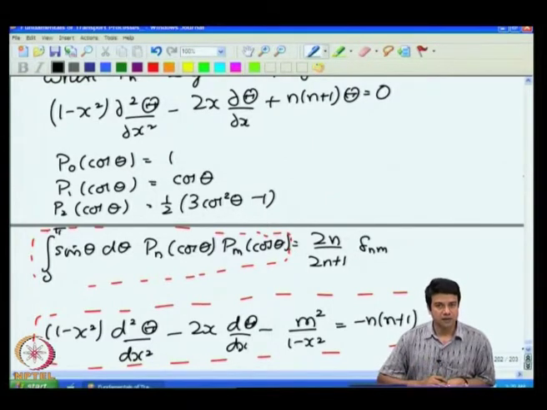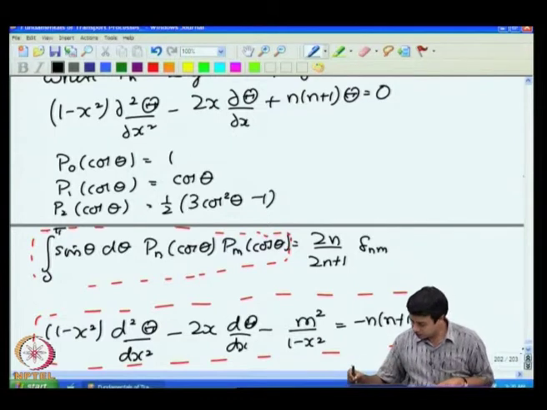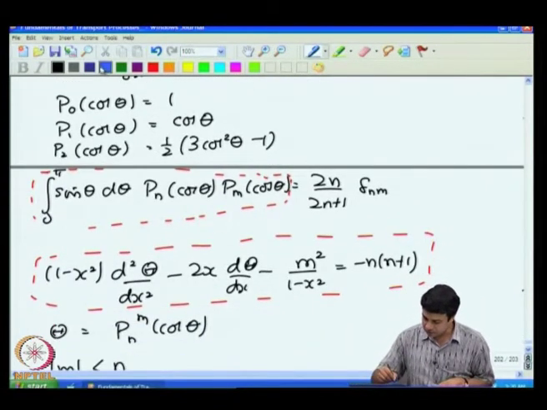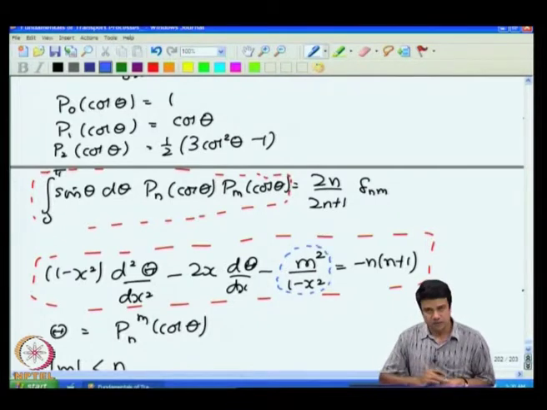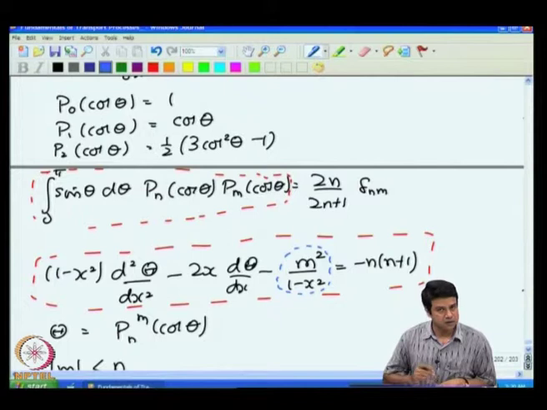The same thing carries over even when I have a non-zero value of m. Even in this case the same principle carries over. Only thing is that there is an additional requirement. M has to be an integer, it can go from minus infinity to plus infinity. N has to be an integer, and I showed you it has to go from 0 to infinity, because the series is only over positive values of n.